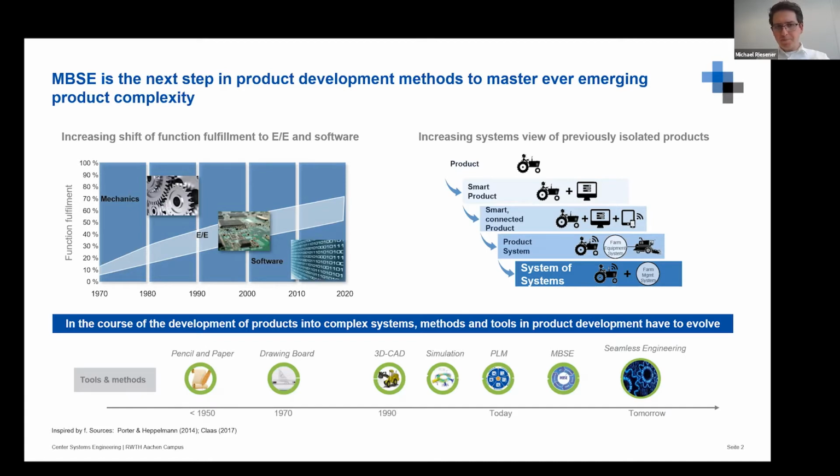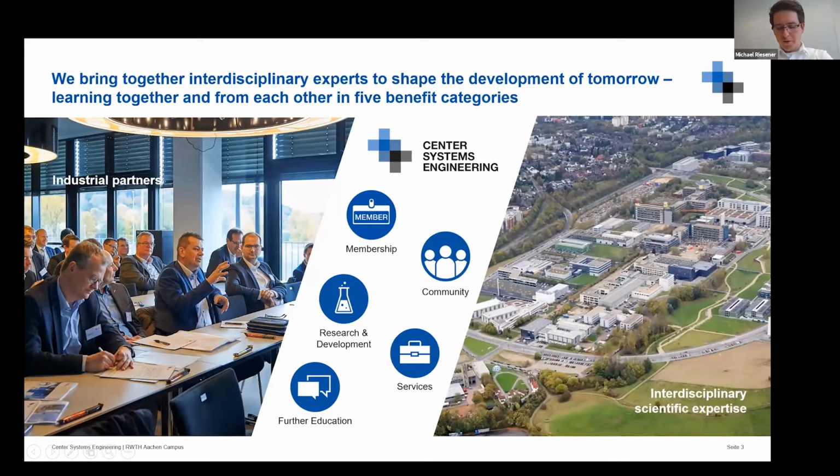And the second step I want to show at the beginning of my introductory words is that we, the Center for Systems Engineering, have the idea and the vision to bring together industrial partners and interdisciplinary scientific expertise in the field of model-based systems engineering, in the field of digitally connected engineering.